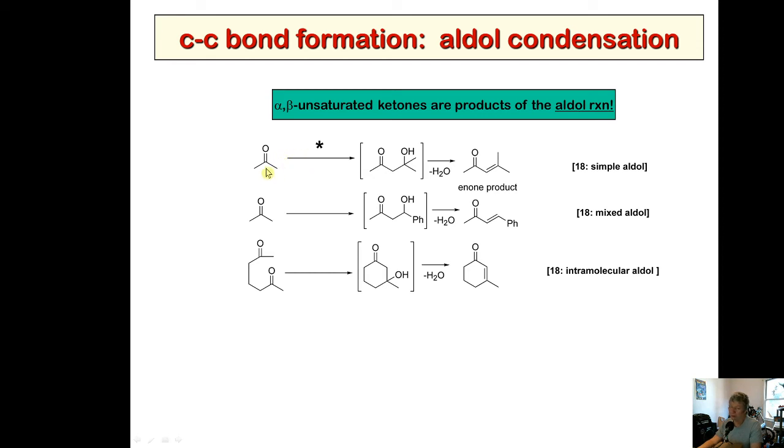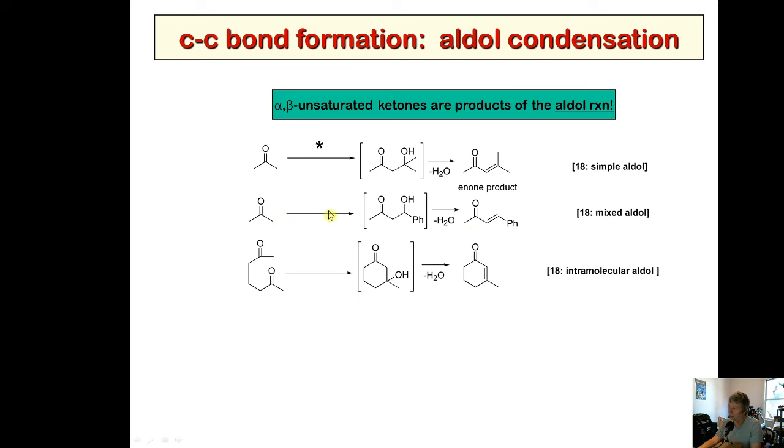So if a ketone or aldehyde reacts with itself, then you first make a beta hydroxy ketone, and then it loses water. When it loses water, it's essentially the proton there and the OH right next door, that gives you the alpha-beta unsaturated ketone product. It's called a simple aldol.